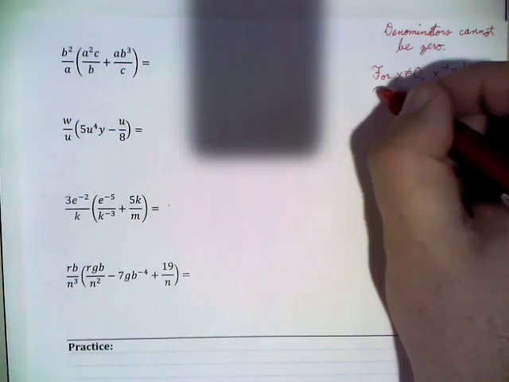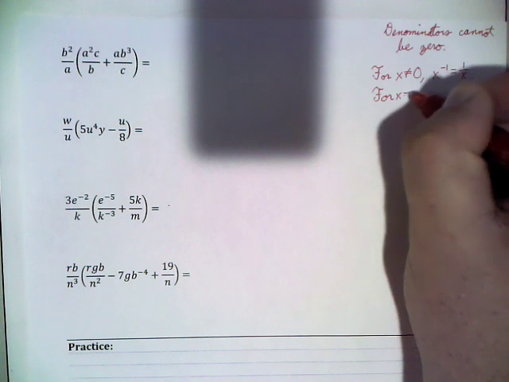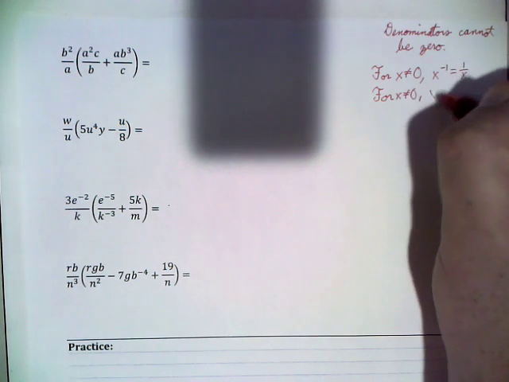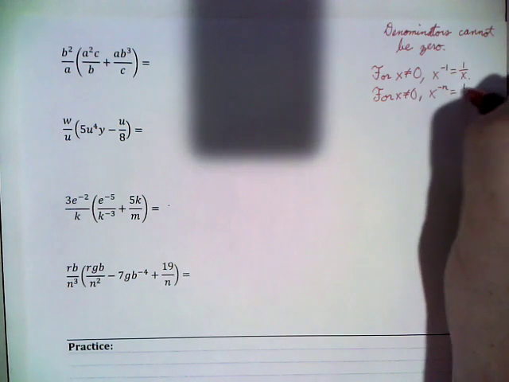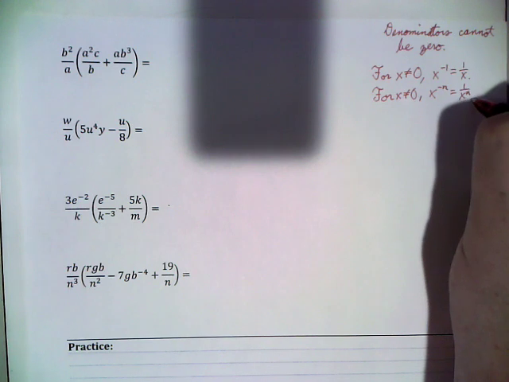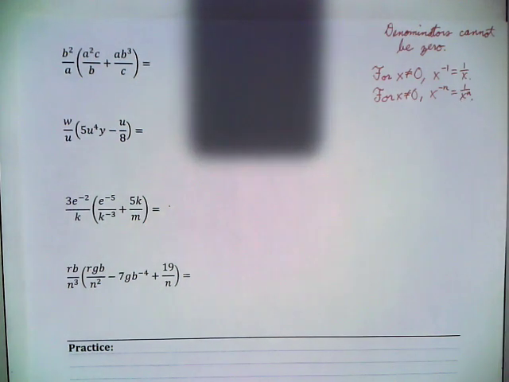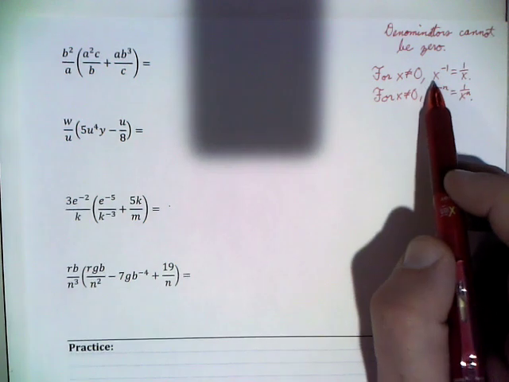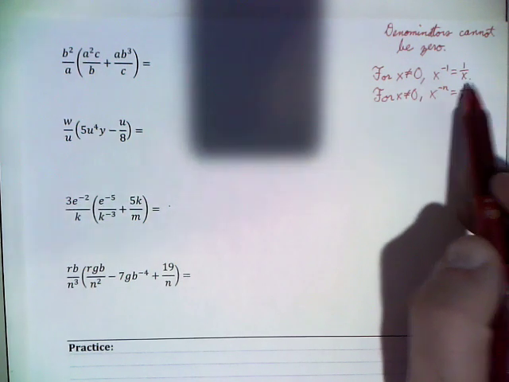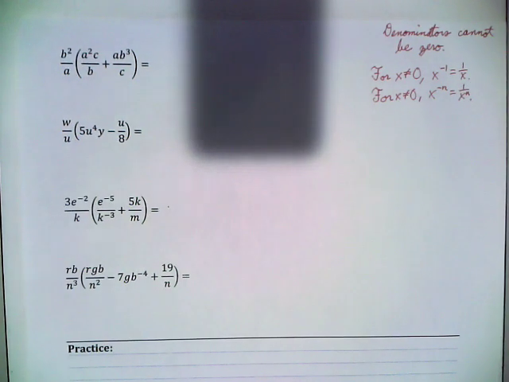Or for that matter, we can extend that for x not equal to 0, x to the negative n equals 1 over x to the n. And so anything with a negative exponent can also not equal 0, because anything that's being raised to that negative exponent is going to end up in a denominator. So can't have that.